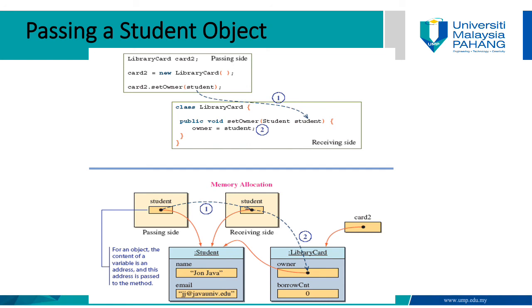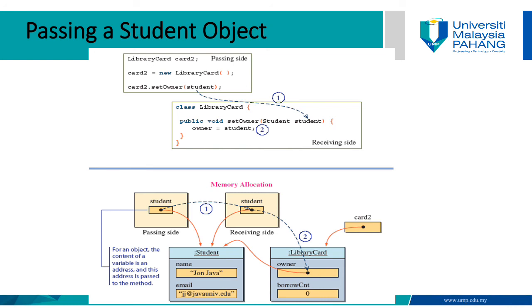First, the student. The student information will have name and email. For an object, the content of a variable is an address, and then this address is passed to the method.